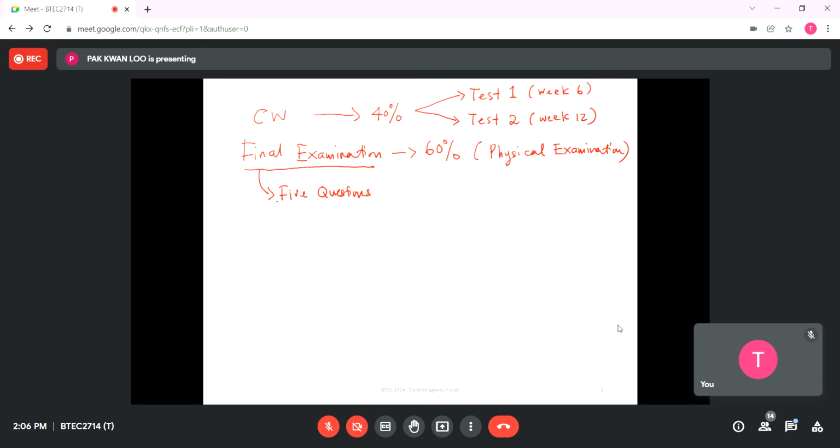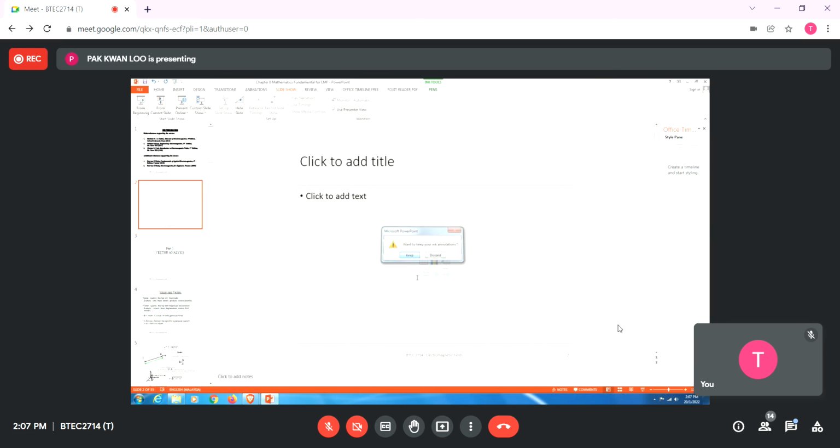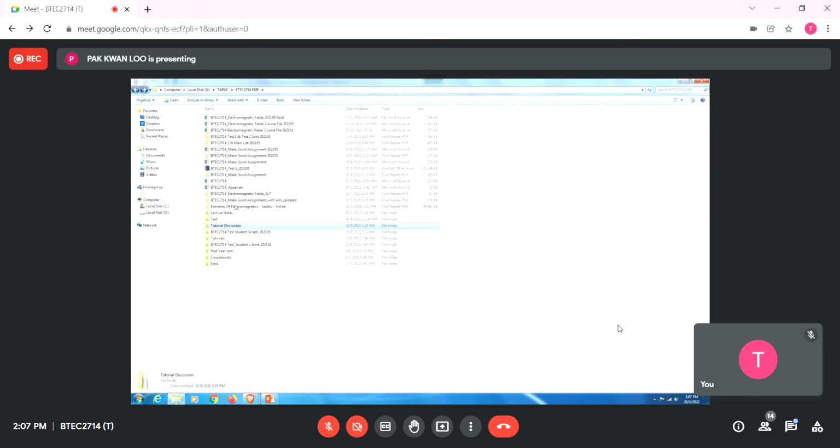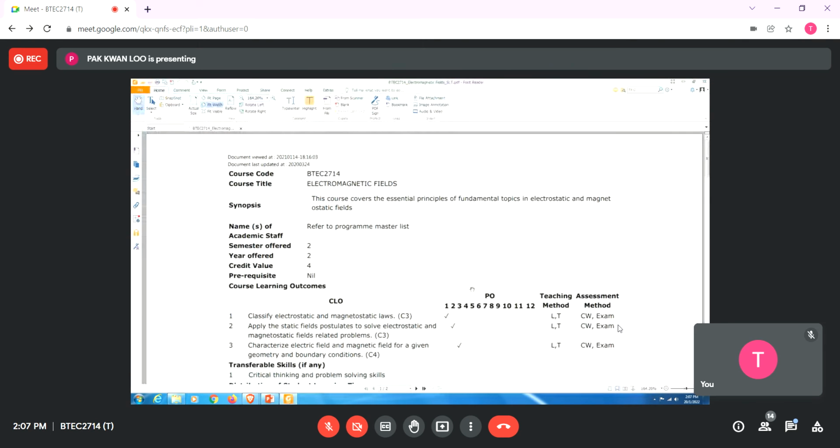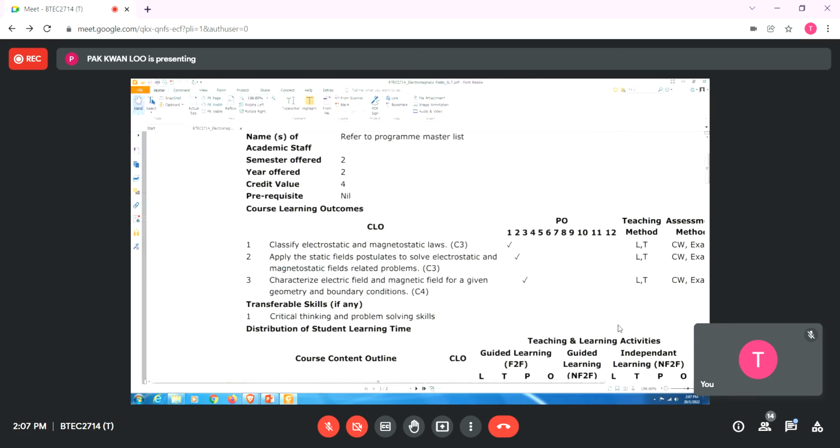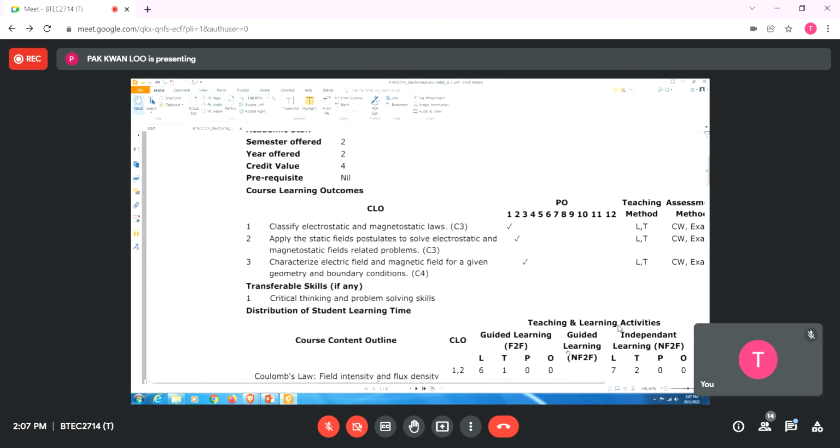So we have 5 questions altogether, covering all topics. Basically, we cover the learning outcomes. I believe you know what the learning outcomes are. Let me bring them up. As I mentioned just now, we have electrostatic and magnetostatic law. You must be able to classify what the electrostatic and magnetostatic laws are.